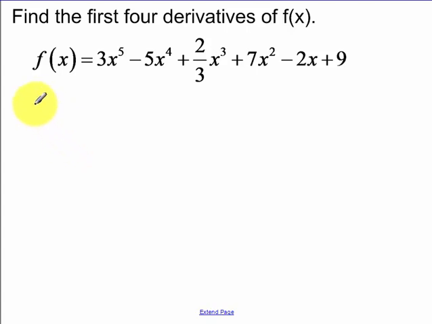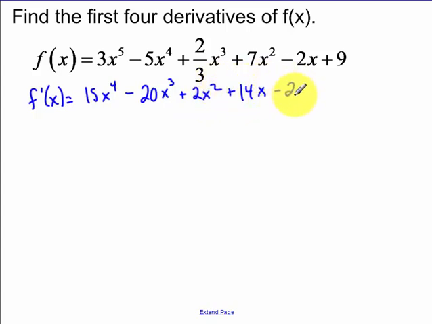Okay, so finding the first four derivatives. Bring down my exponent, reduce your exponent by 1. Bring down the exponent, reduce your exponent by 1. Bring down your exponent, reduce your exponent by 1. I'm just going to do a quick check to make sure I did that right, and I did.